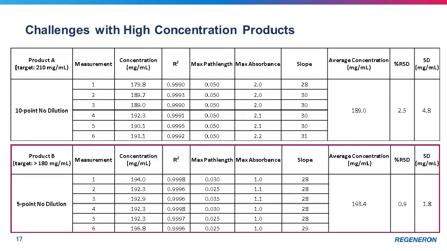This measurement is able to produce much higher R-squared values and much lower variability across our 6 measurements. We're able to achieve a 0.9% RSD and a 1.8 mg per mil standard deviation.